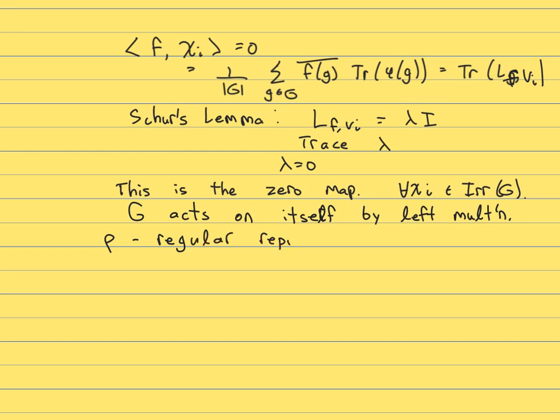I'm going to go ahead and let chi be the character, chi rho. On one hand, that's the trace of this construction.